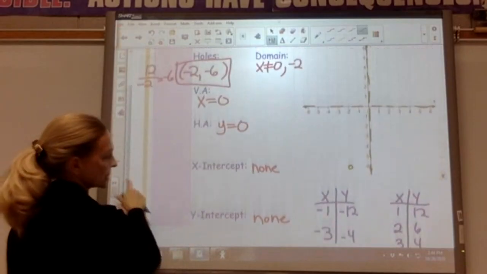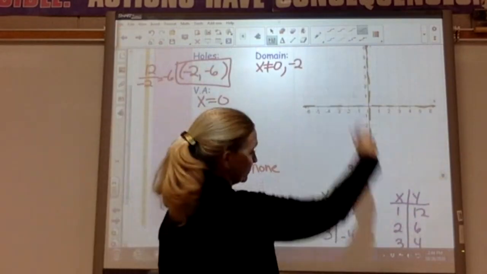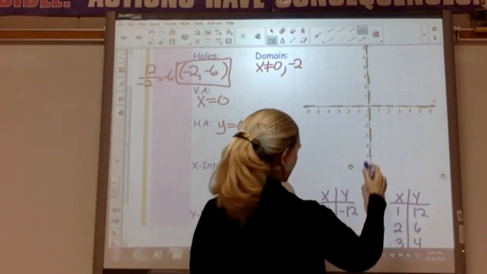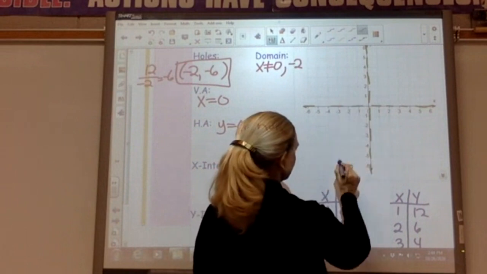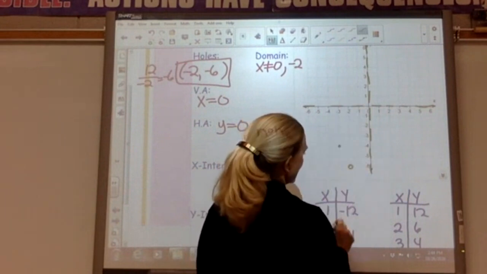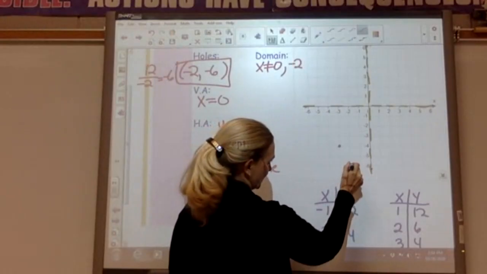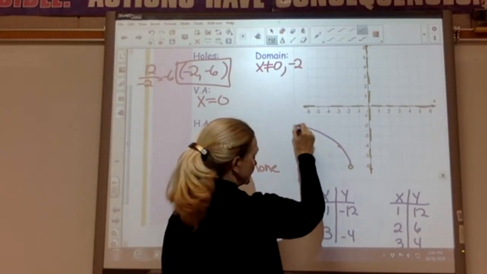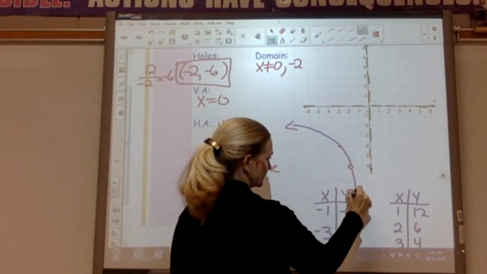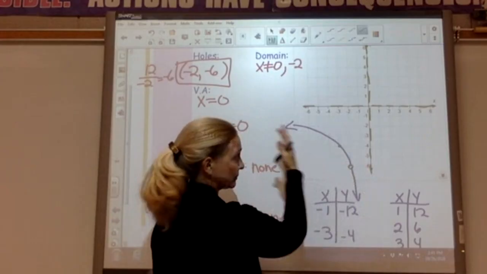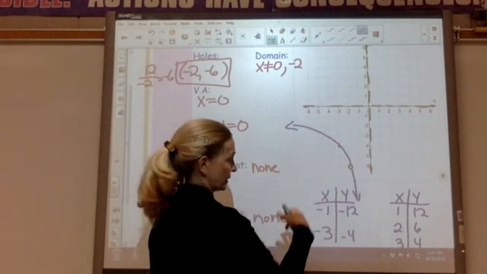I'll graph these points. -1, -12 runs off my graph, so it's so far down here I can't show that, but -3, -4 I can. That's here. So this curve is going down. It will get close to these asymptotes as it goes further out, but right here is not that close.